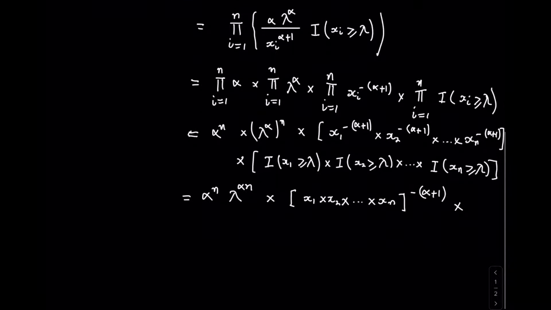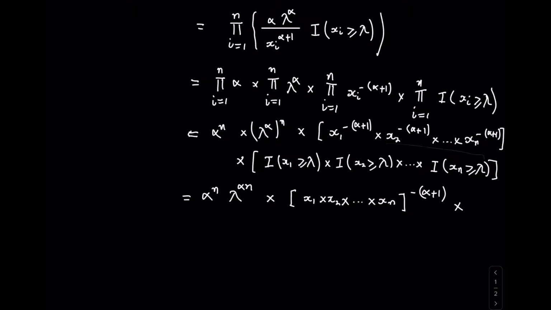So for each of these indicator functions, we can have 1 or 0. Now, if any of those indicator functions is equal to 0, then the whole product collapses to 0, by virtue that anything multiplied by 0 is 0.